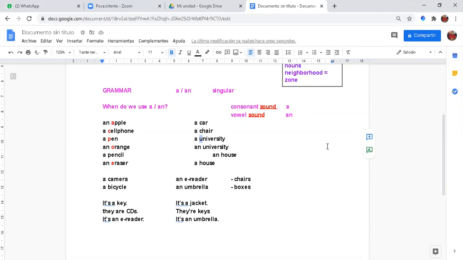Listen. University. Okay, generally you can see on your dictionaries the pronunciation in bars, okay, está en barras.